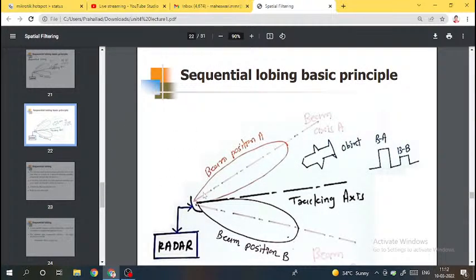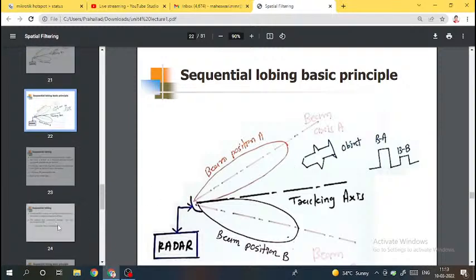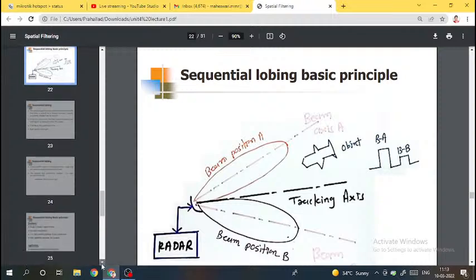Suppose the radiation pattern is like this for an antenna, using one feed. So that beam is squinted by an angle. Each beam will have an axis, a beam axis. So slightly from the beam axis, the axis of the beam is squinted.